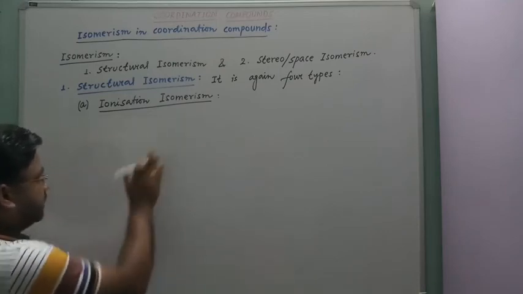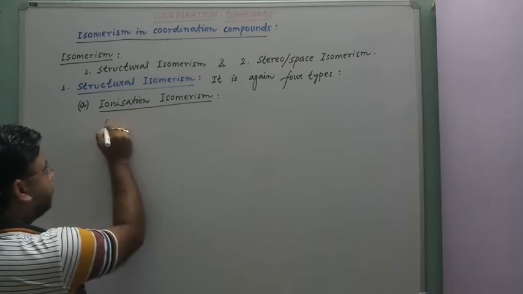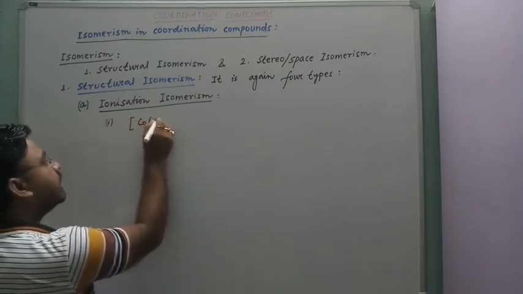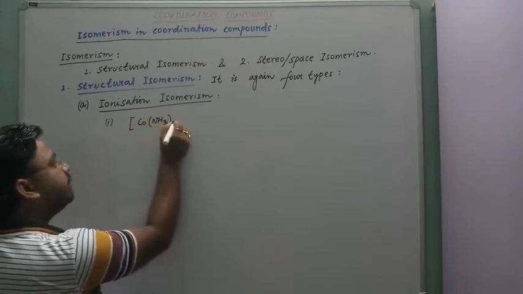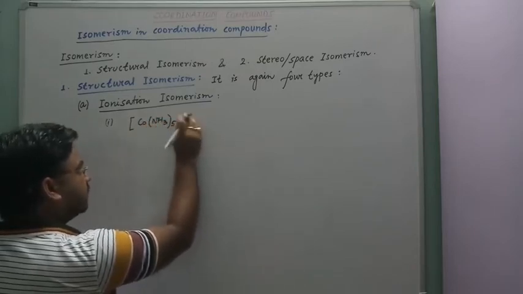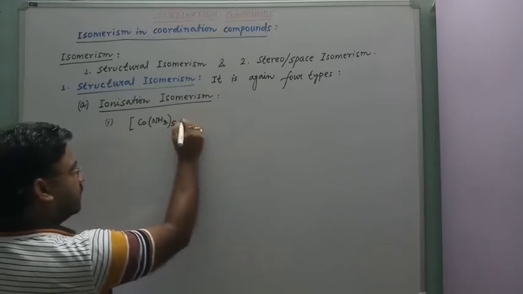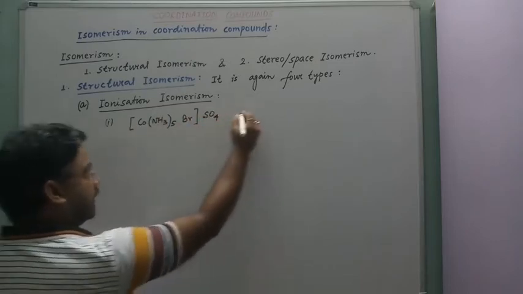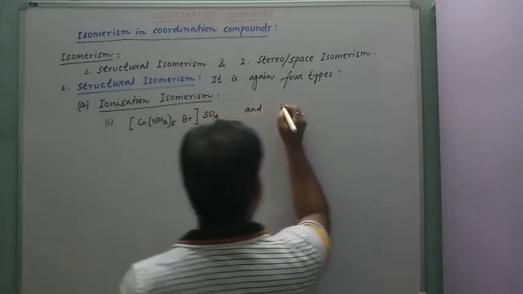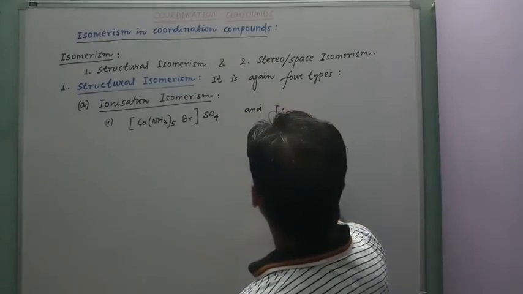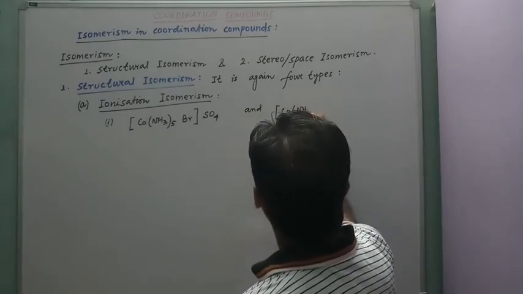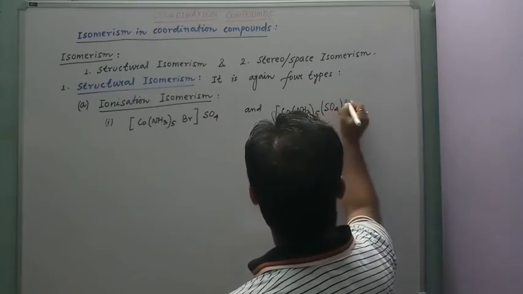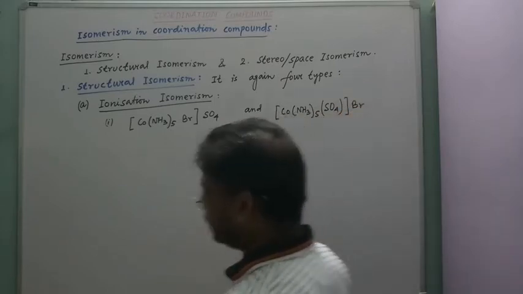For example, first example, [Co(NH3)5Br]SO4 and similarly [Co(NH3)5SO4]Br.